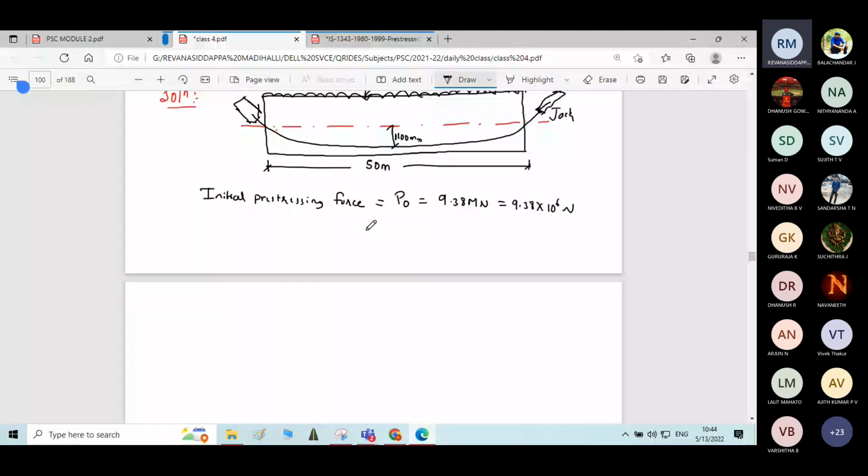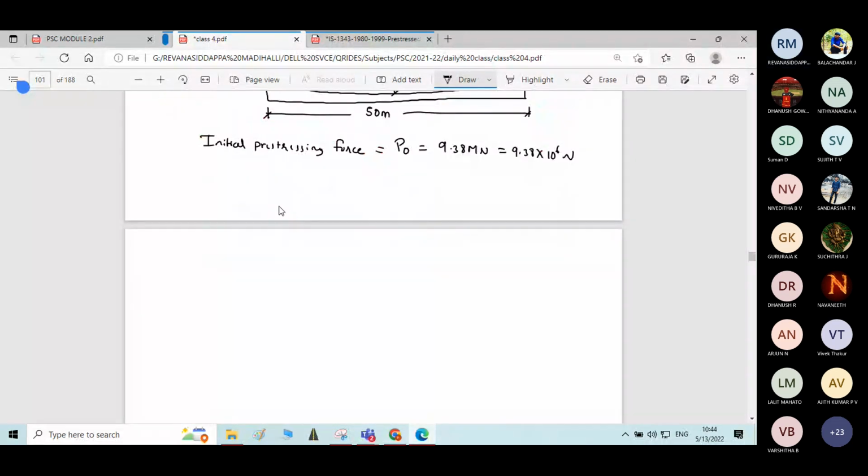Now initially you calculate the initial pre-stress in the cable, which is equal to the pre-stressing force P naught divided by the area of cable, not the area of concrete. Remember, it is equal to 9.38 into 10 power 6 divided by the area of cable.